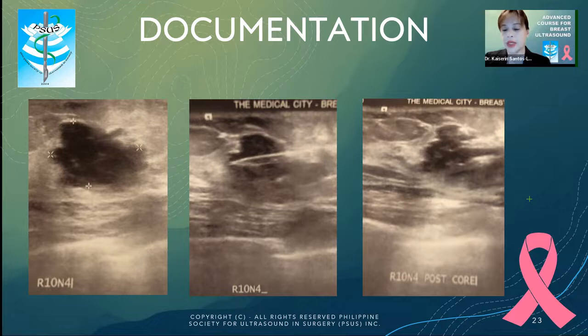We also have to take a photo post core needle biopsy or any post procedure to document the area sampled. These areas will have different grayscale, like so in the third photo, as well as to check for possible developing hematoma.